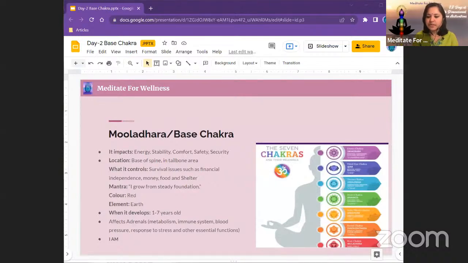The solar plexus is 2 inches above the navel, and the heart chakra is a little bit above our heart. Throat chakra is at the throat. The third eye is between the eyebrows, and the Sahasrara is a little bit above the crown, that is this part of the top of the head.